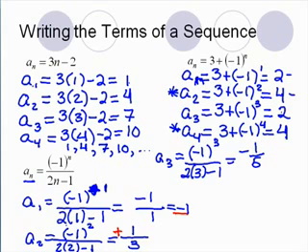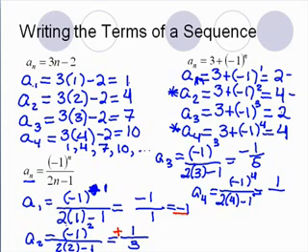And as we continue out with our sequence here, a sub 4, you probably predicted, is going to be positive because it's to the fourth power. And then we've got 2 times 4 minus 1. And that's going to equal 1 over 7. So for the denominator, we've got odd integers.